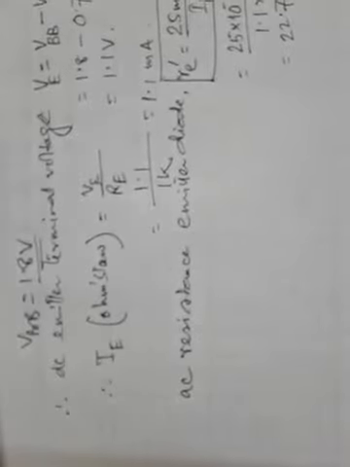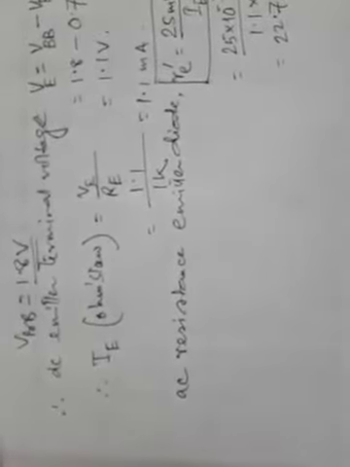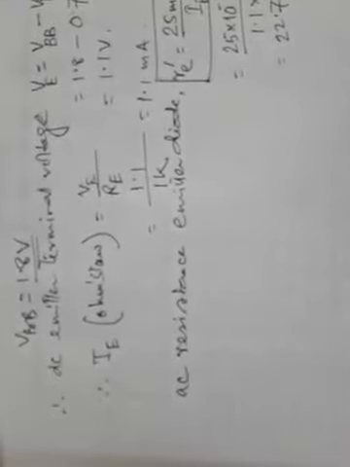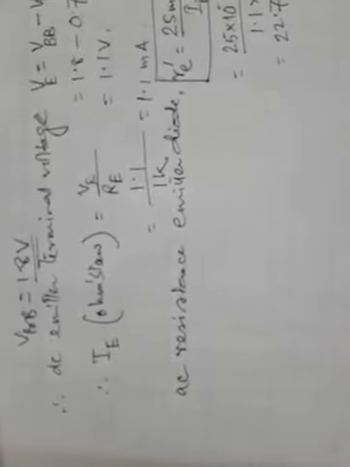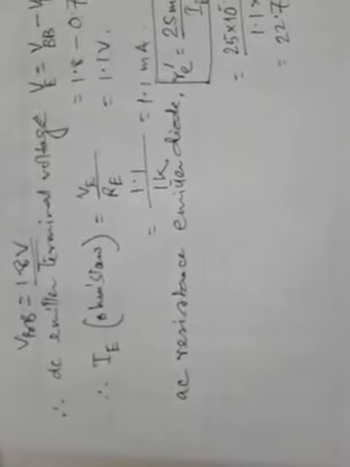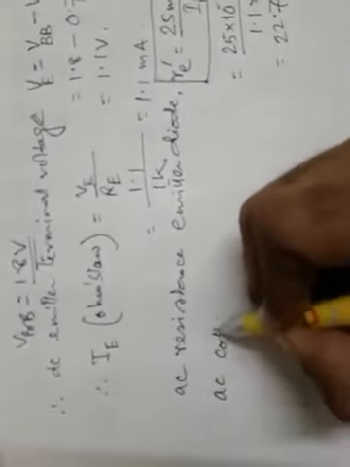Now in the given circuit, we have derived a little while earlier the formula of the voltage gain and the output voltage across it. We need to first find the AC collector resistance, because in the gain formula it is RC by Re dashed.